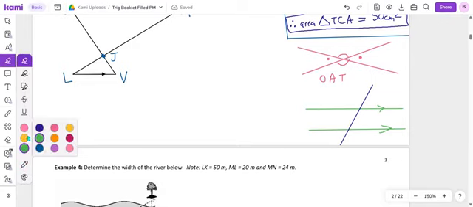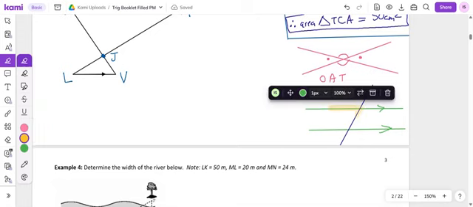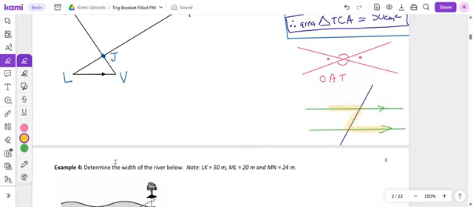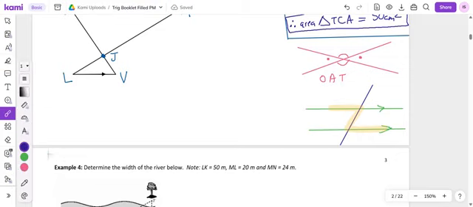Then I can use the good old PLTZ, where I draw a Z, and the angles on the inside of the Z are, guess what? Identical. Yeah, we call this the PLT-Z.